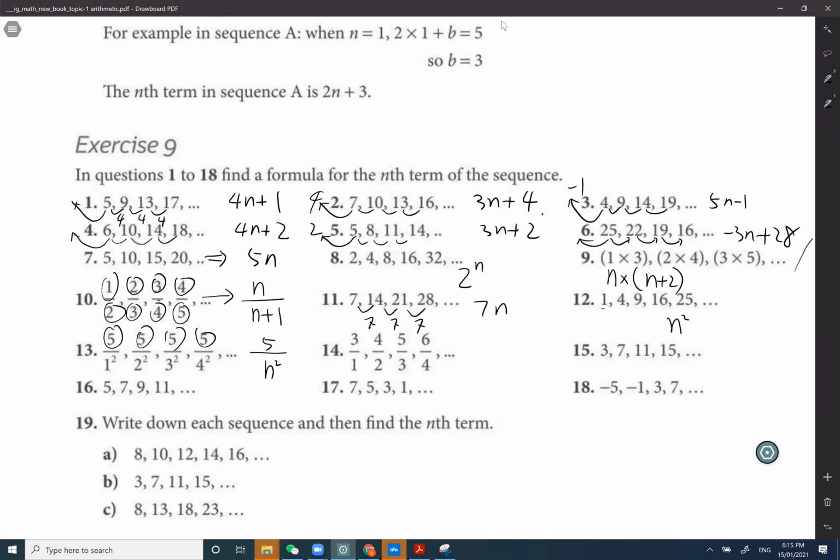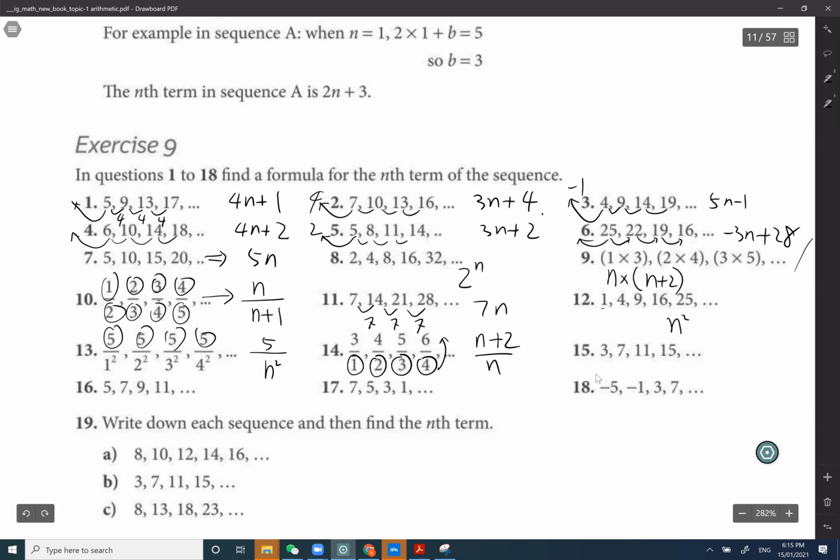Casper, number 14. 1, 2, 3, 4. That's n. Casper, what's the numerator? n plus 2.